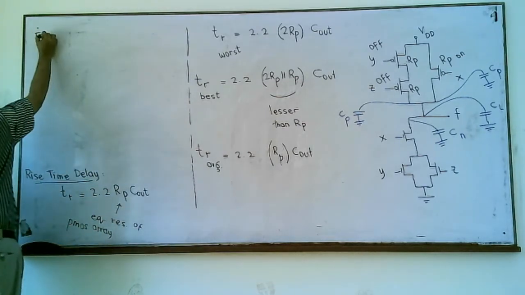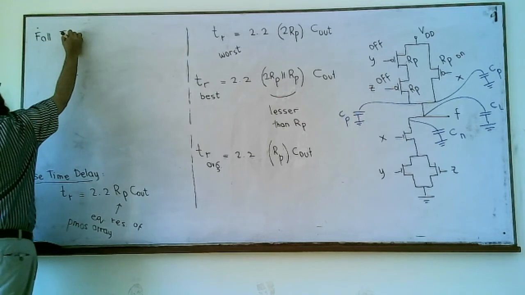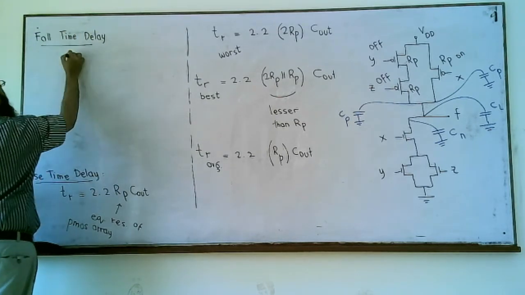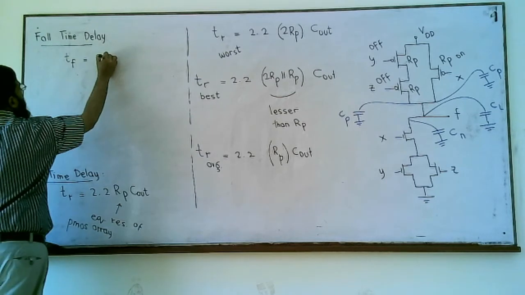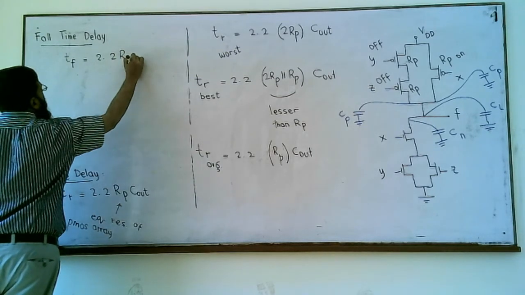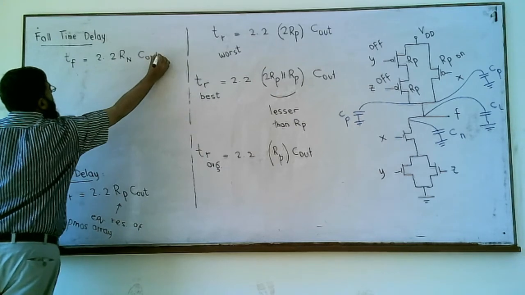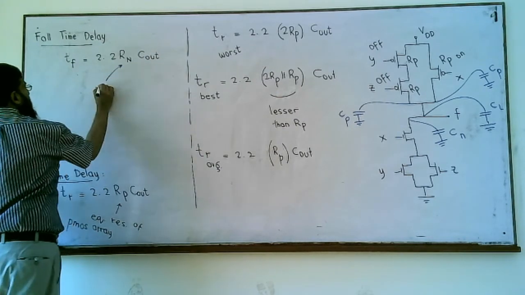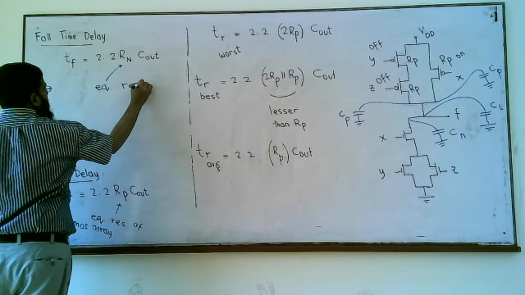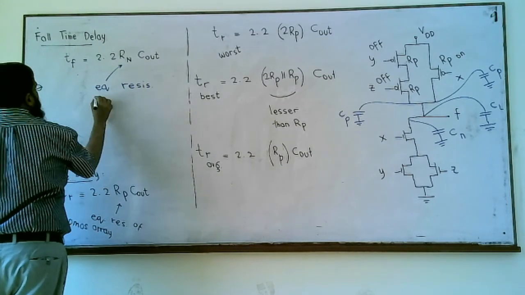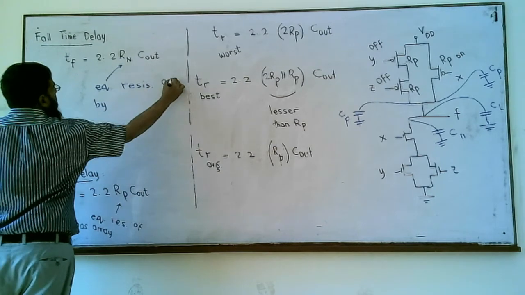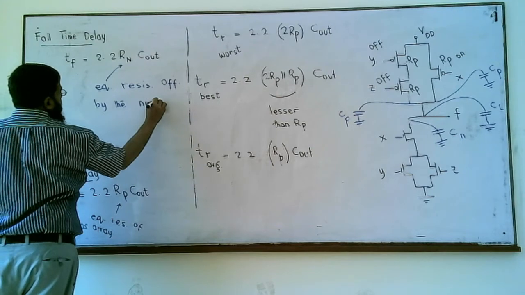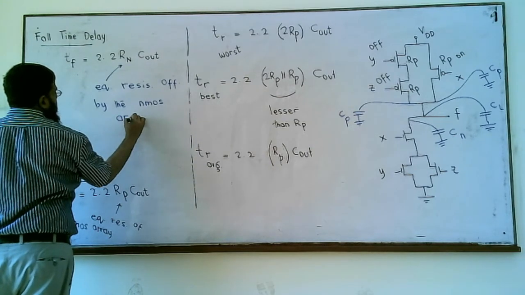The fall time delay: we know the general expression is Tf is 2.2 Rn Cout, and we know what Cout is, we have just completed Cout. Rn is the equivalent resistance offered by the NMOS array.